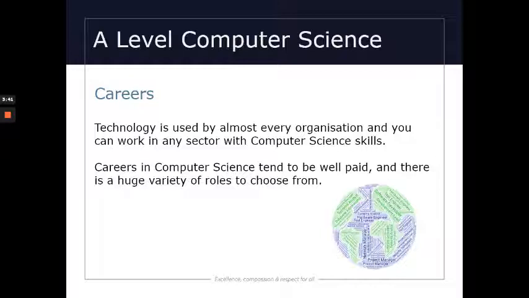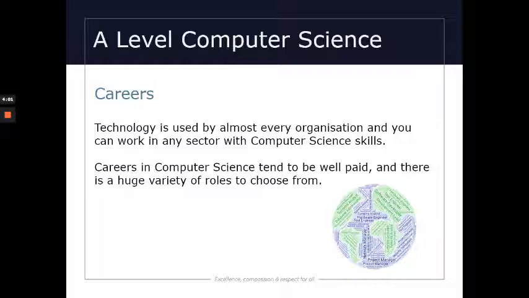In terms of careers, now I've said that it's broad. I mean, it's extremely broad. And what's interesting about computer science careers is that since I've been working in computer science, jobs that were never even thought of when I started out, thousands of them have been invented since. So it's an interesting area to think about how broad the roles can be.